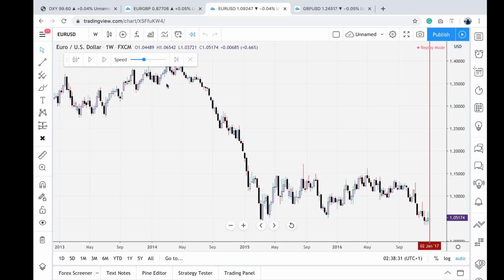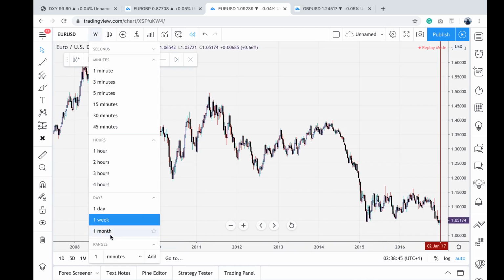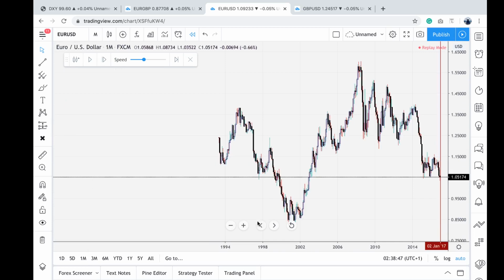Now for USD, you want to do the same thing you did on DXY. There's nothing really to reference in terms of a monthly, as price is very, very low at this point. Well, let's check the monthly, we could see something to reference.